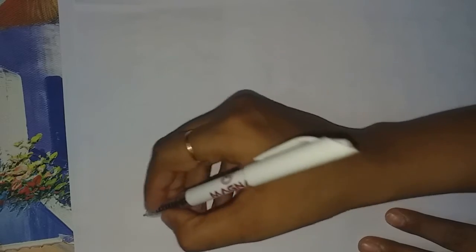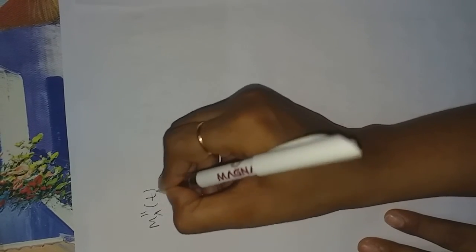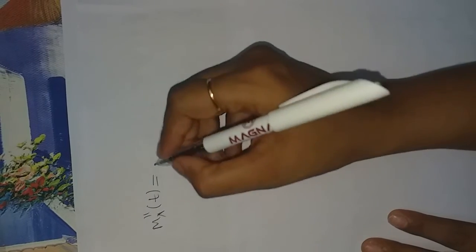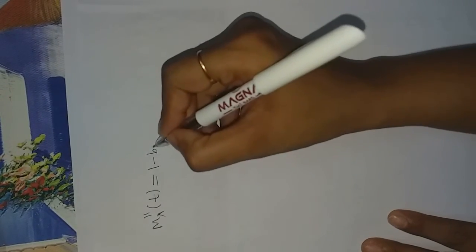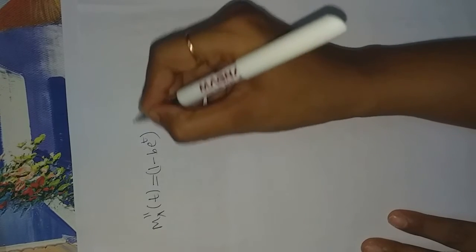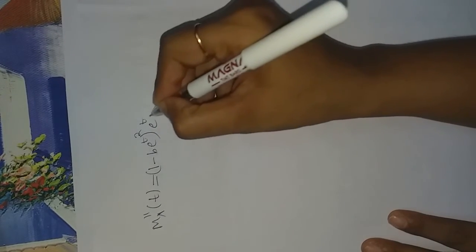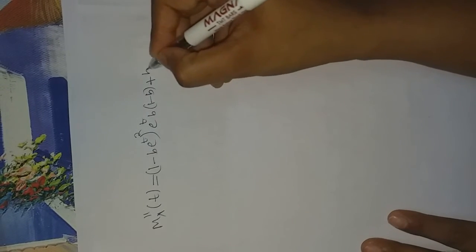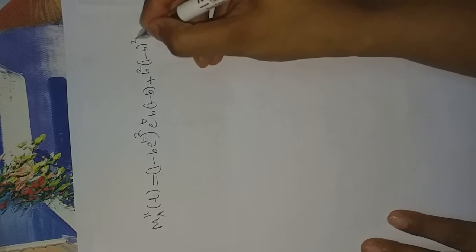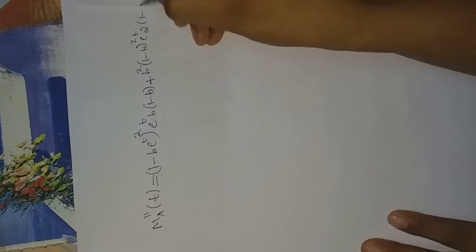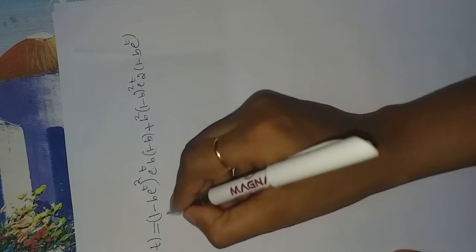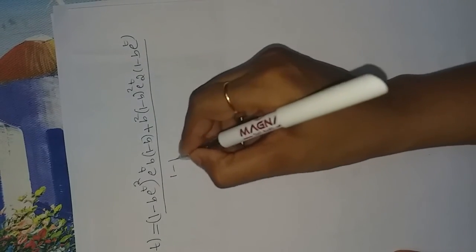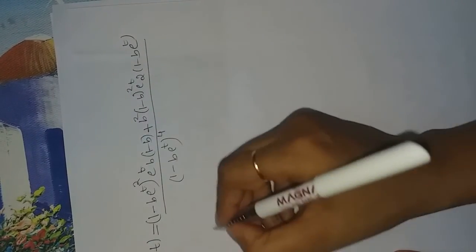Further, we'll differentiate Mx dash of t with respect to t. That is Mx double dash of t. We get 1 minus b into e power t whole square, e power t b into 1 minus b plus the remaining terms, whole divided by 1 minus b into e power t to the power of 4.